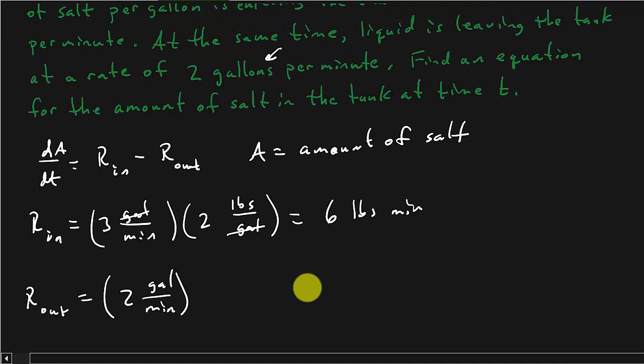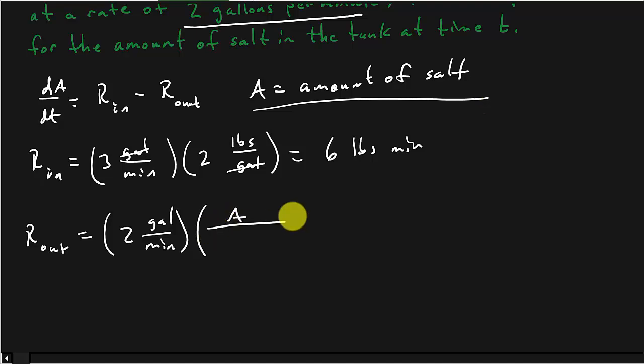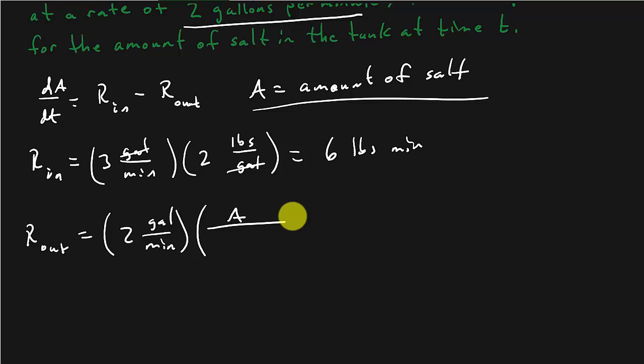At 2 gallons per minute, times the amount of salt. So the amount of salt is A, over, now, how much liquid will be in the tank?